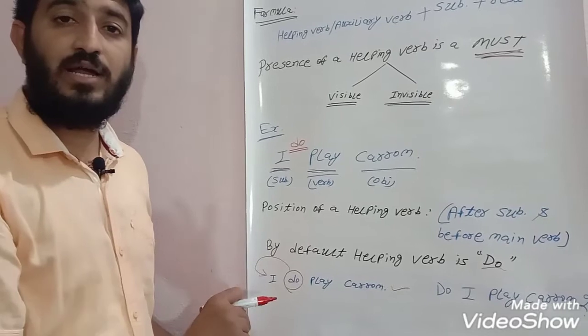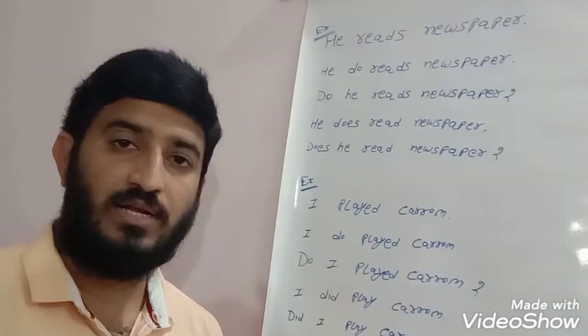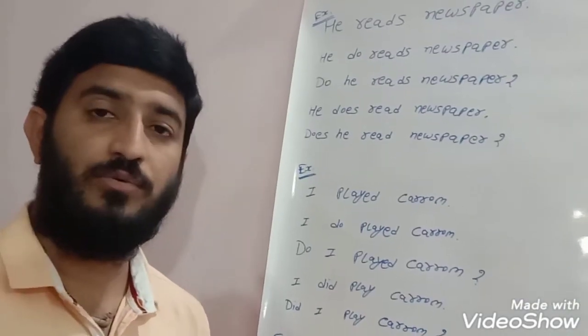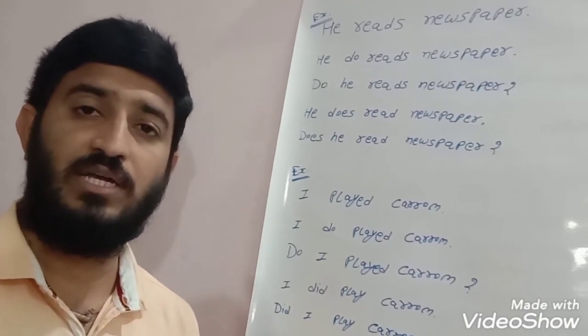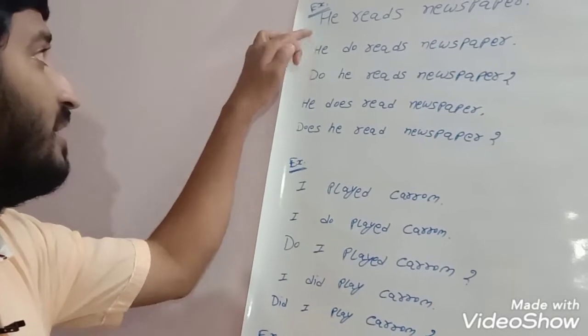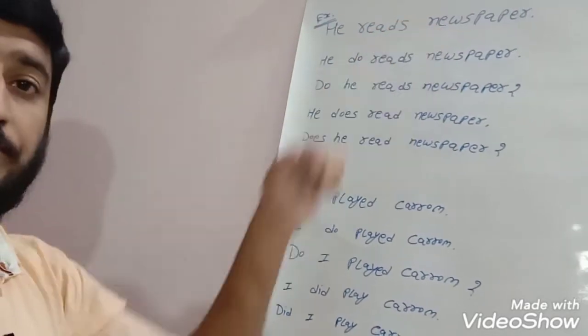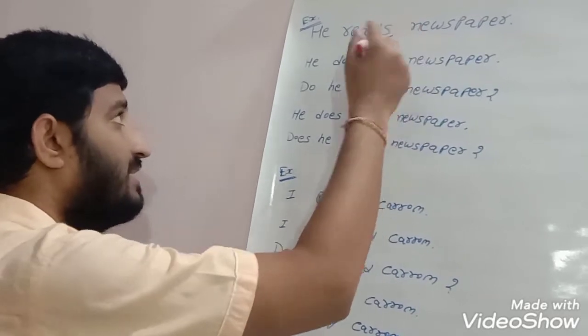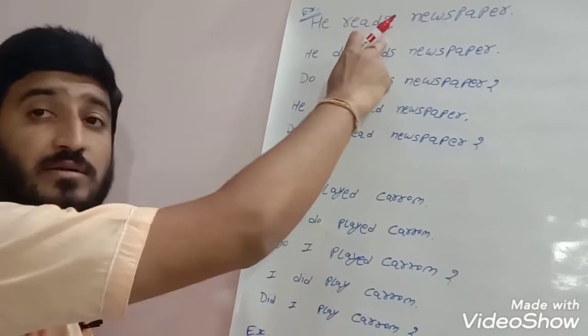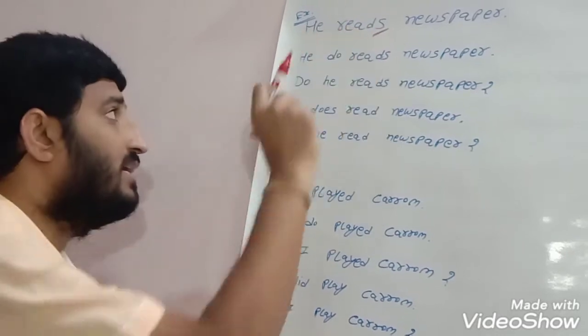Let us see more examples like this. Let us see another example when the subject is third person singular, means he, she, it. He reads newspaper. In this sentence, we are finding S. For third person singular, the verb will take S or ES.